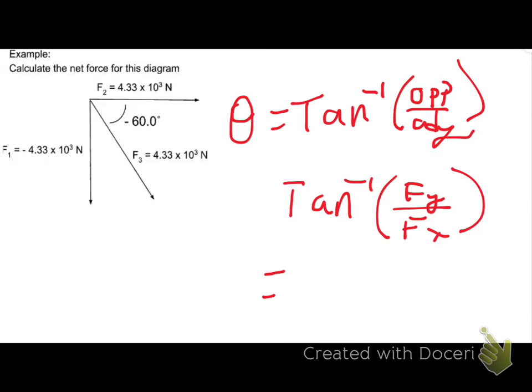It should come out to roughly negative 51.2 degrees, which just means 51.2 degrees under the positive x-axis.